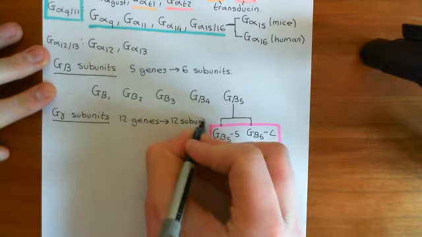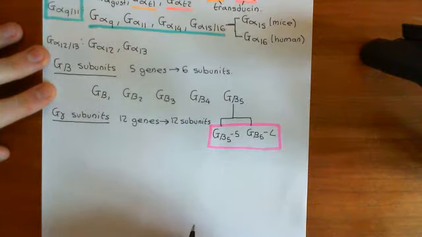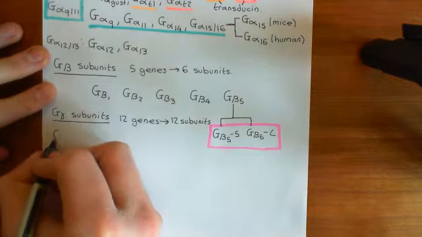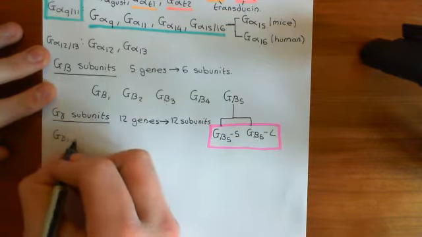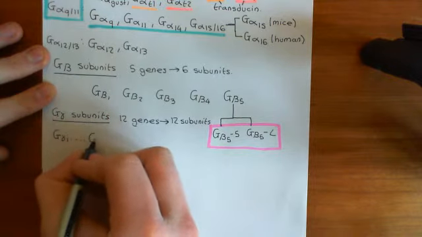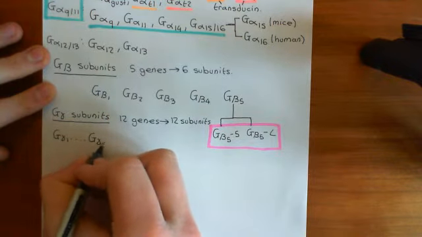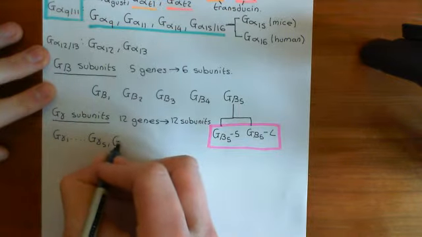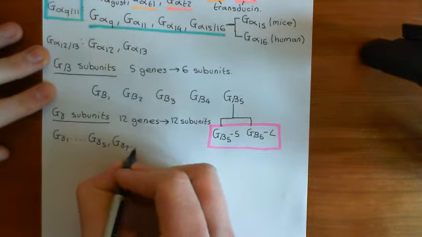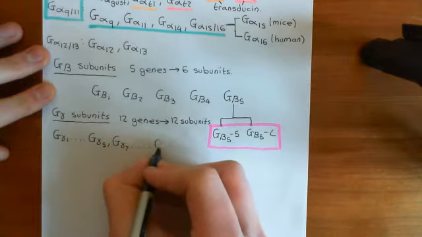Okay, now the naming is almost perfect with one little blip in it. Okay, so there is G gamma 1, then there is G gamma 2, G gamma 3, G gamma 4, all the way up to G gamma 5. There is then no G gamma 6, which is a shame. You then go straight on to G gamma 7, and then it goes on all the way up to G gamma 13.